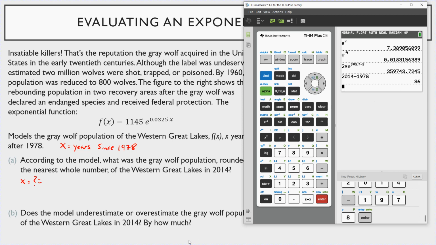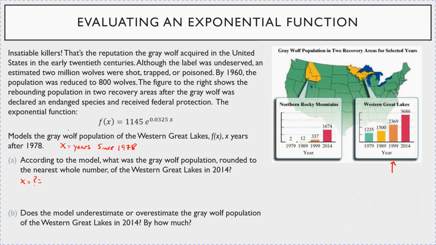This is a common error that I always see. You're not going to plug 2014 into the calculator. You're going to plug the number 36, because that's years since 1978. So what is f of 36? What does our model say we should get? We're just going to take 36 and plug it in for x.